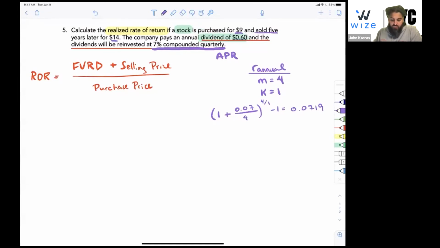What formula do I use for that? Future value annuity, good.